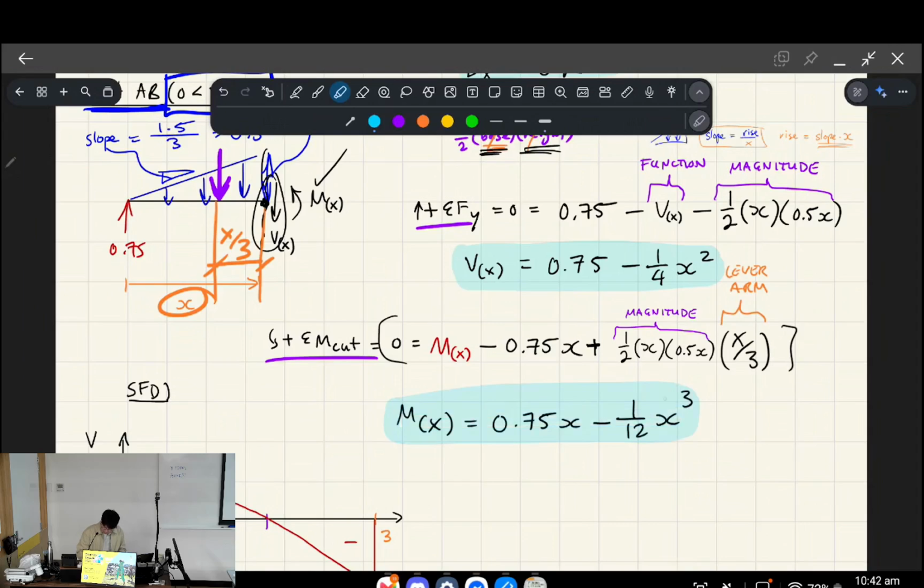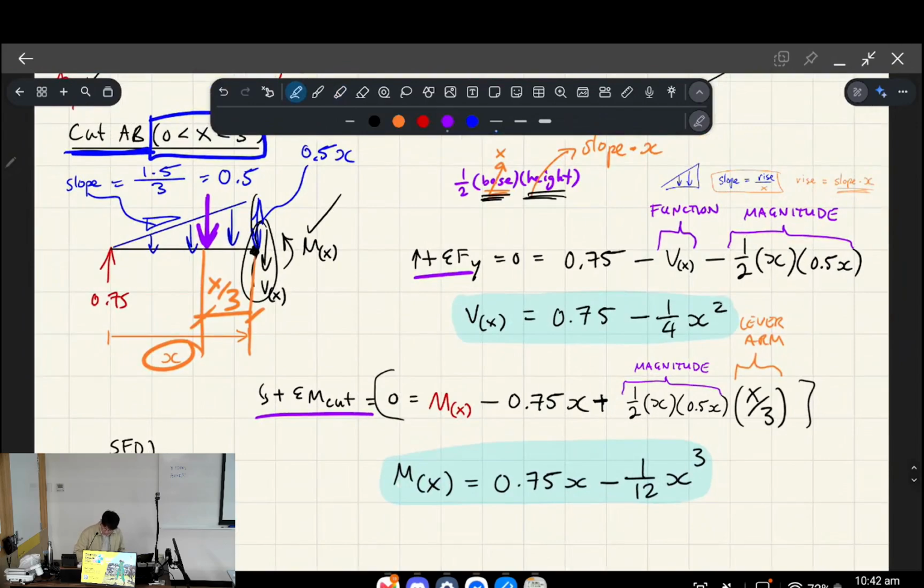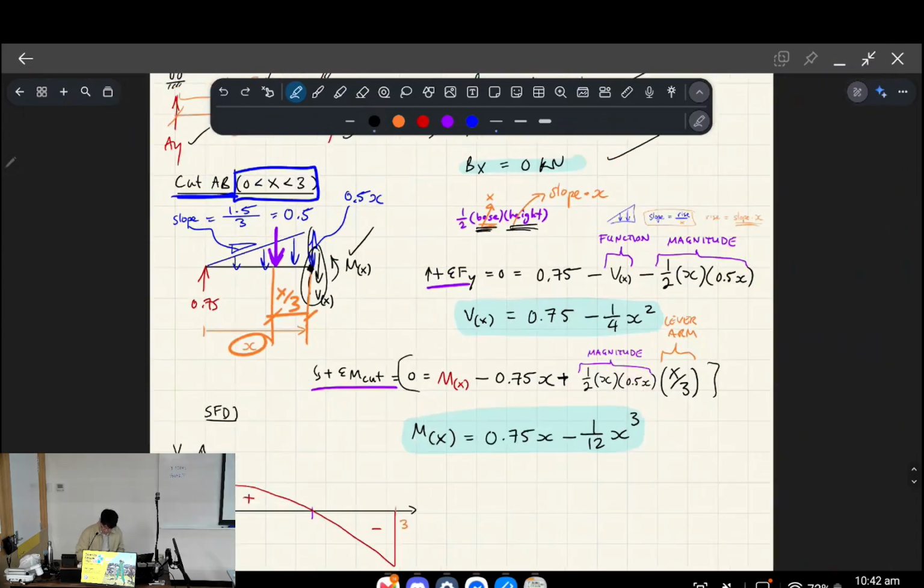That's our function of our internal moment. The first thing you might notice is that in terms of polynomial orders, this triangularly distributed load is going to result in a quadratic function for our internal shear, and a cubic function for our bending moment. So that's why it's very difficult to do with just the graphical method alone.